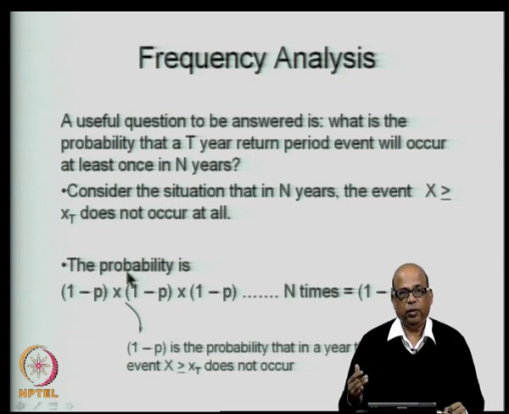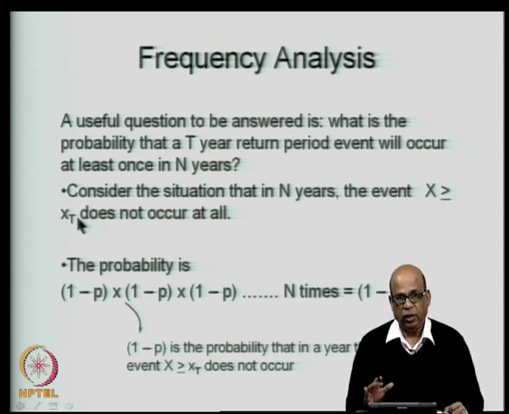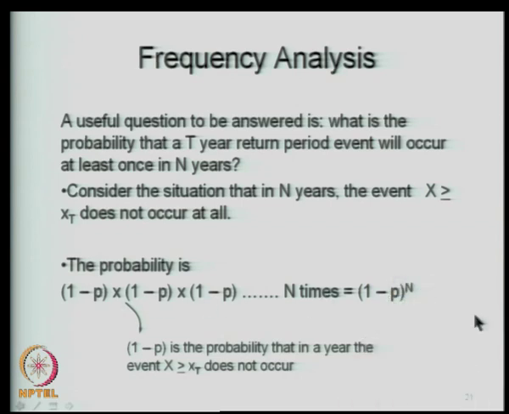And therefore, because the events are all independent, the probability that X ≥ x_T does not occur in any of the n years is (1 minus p) into (1 minus p) etcetera, n times, because 1 minus p is the probability that in a year the event X ≥ x_T does not occur. So, this will be equal to (1 minus p) to the power n.